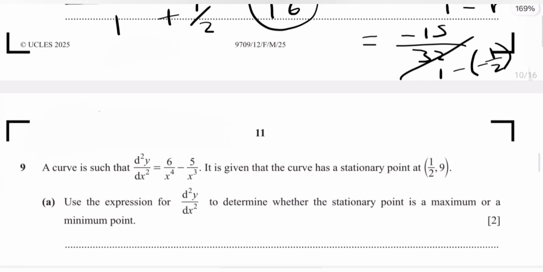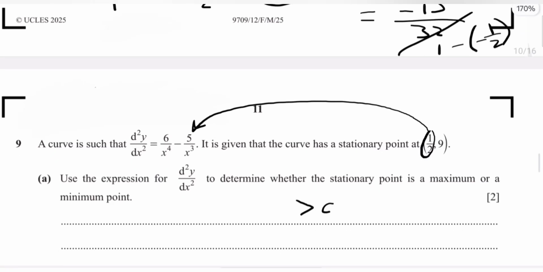So we're just going to substitute this x value of the stationary point in here, right? If we get a value that is greater than 0, we say it's a minimum, right? And if we get a value that's less than 0, we say it's a maximum, right?